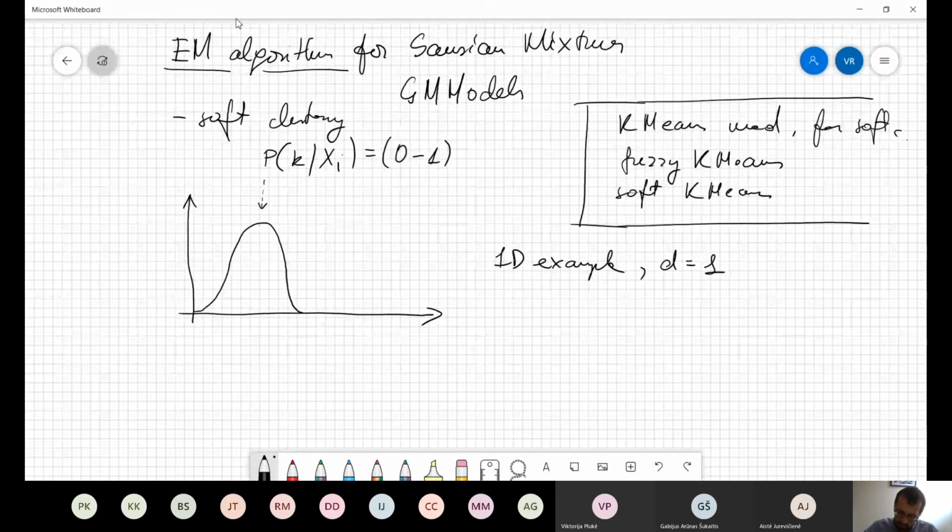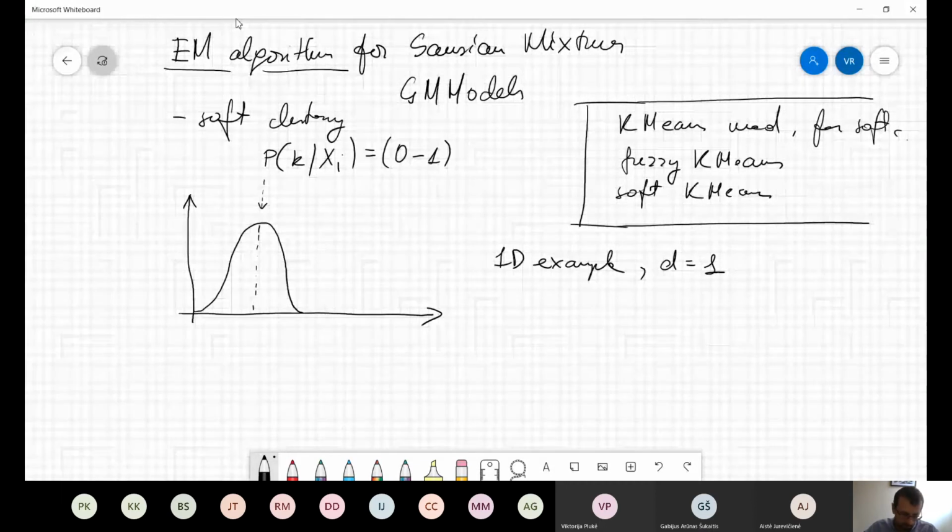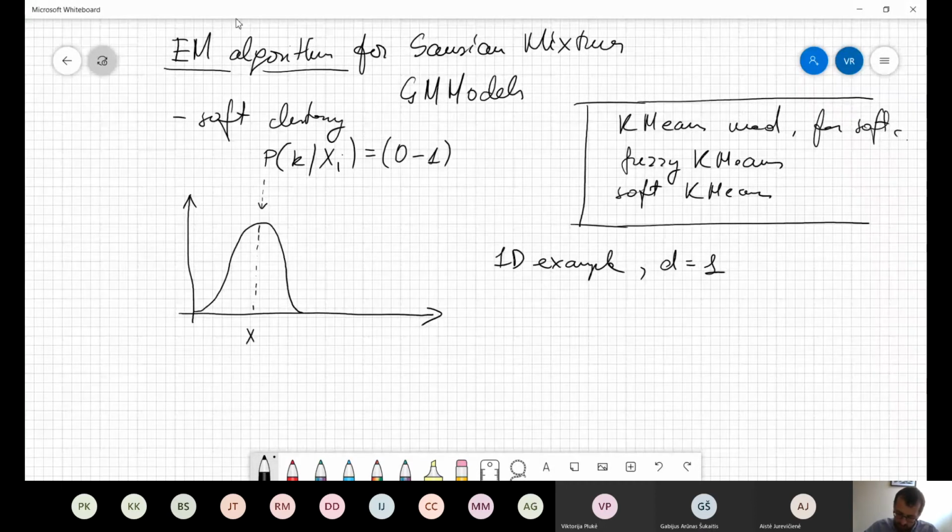You can assume that this Gaussian has a center, so this will be a center x1, let's call it. And this pile of the white sand we will call k equals 1. This is the first cluster. So basically you have some sand, you're pouring it on a table, and you have a very nice, normally distributed pile of the sand.